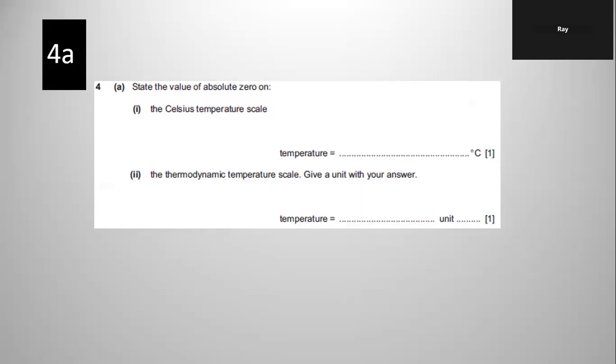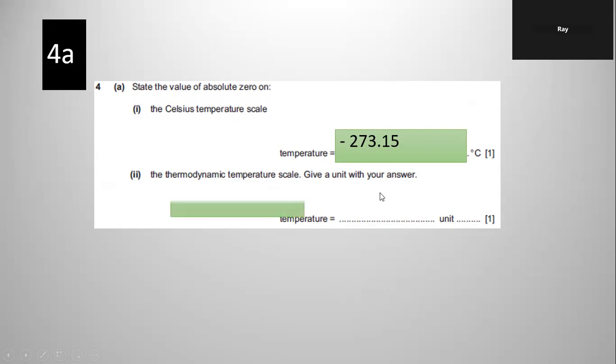Minus 273.15. Put 0.2. Calculation using PV equals nRT, you don't use 273 only, but it must be precise: 273.15. Thermodynamic temperature scale, give a unit with your answer. Okay. 0 Kelvin. 0 Kelvin.